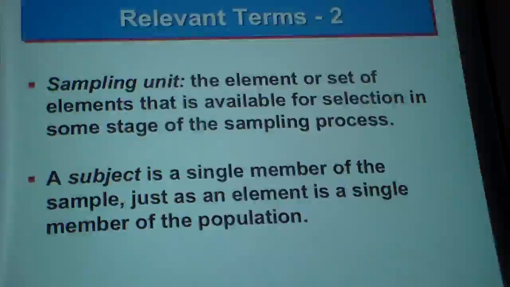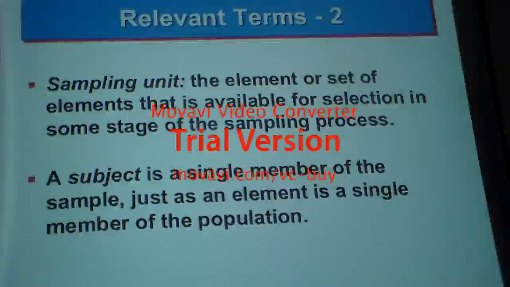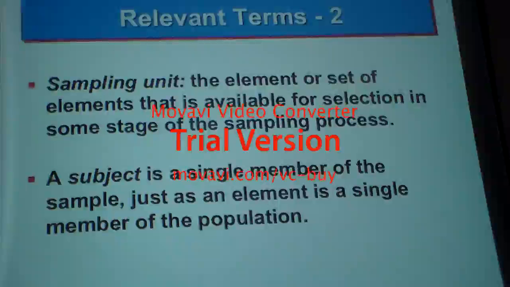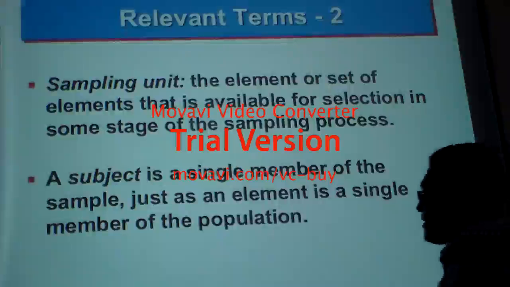Any member of the population is an element. This one could be an element, and this one also is called an element. But since it's selected in the sample, now it's called a subject. It's just a term.